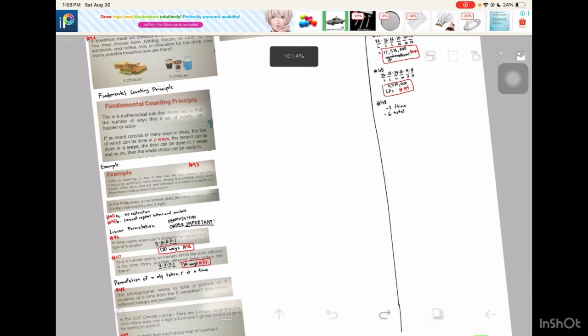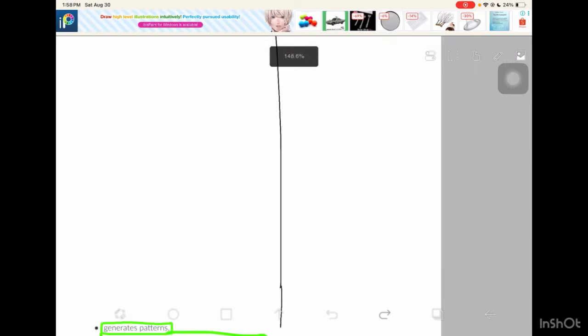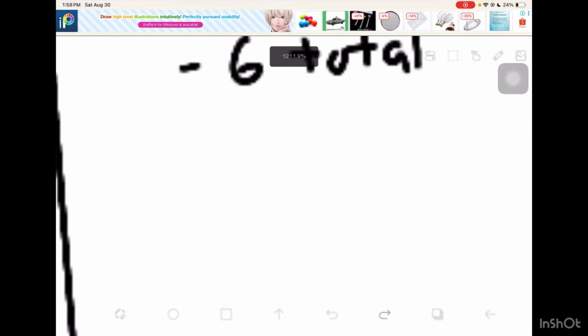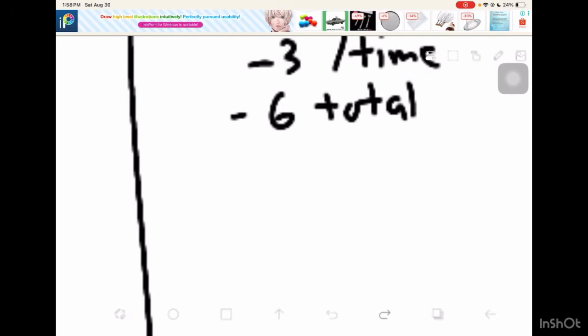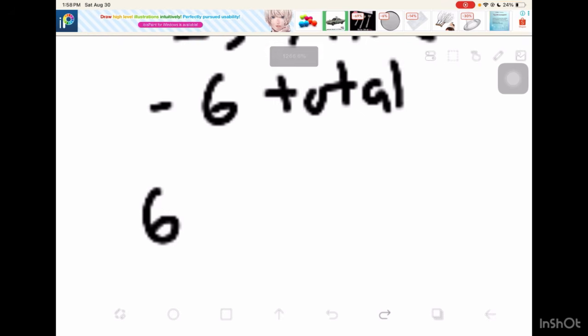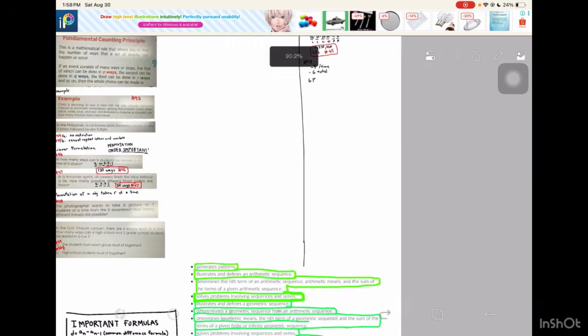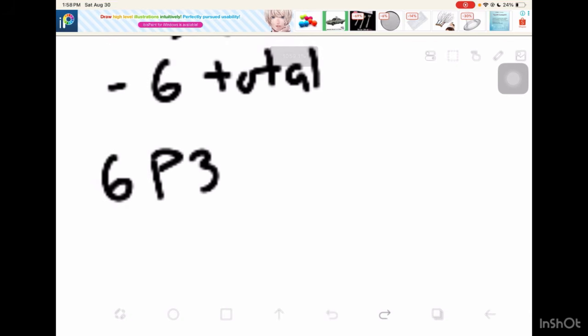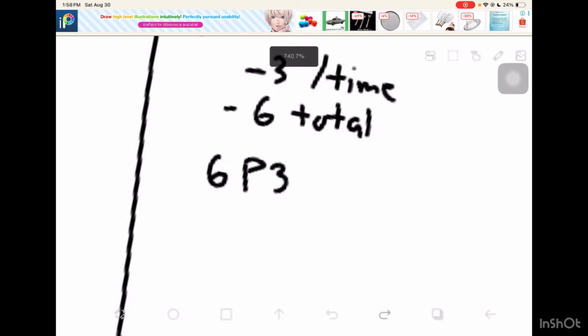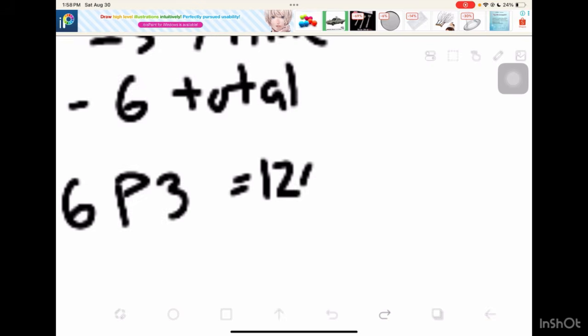Using the formula, or you can simply use the shortcut on the calculator, 6 nPr 3. 6P3 will already give you the answer of 120. But let's expound on it.